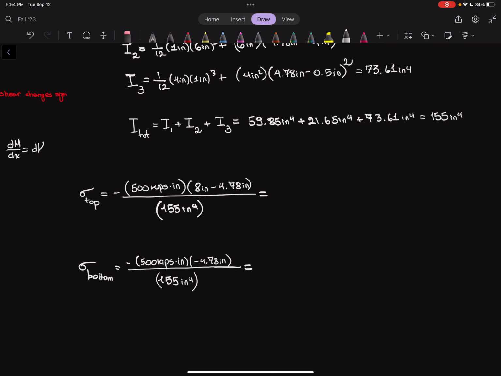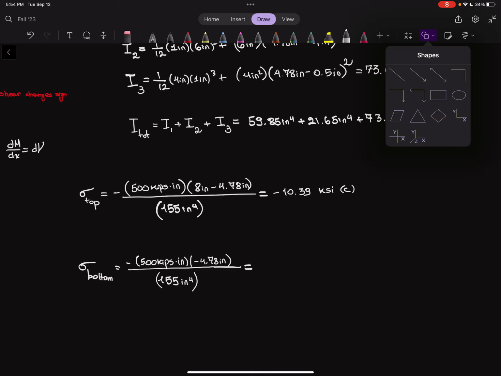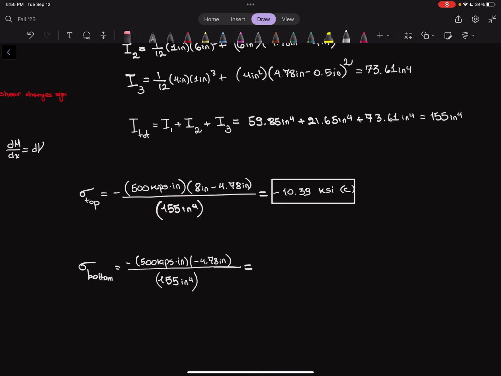So we get negative 10.39 here, negative 10.39 ksi, and so we specify that this is in compression, put a box around it, make the teacher happy. And now we do the same at the bottom, and we're going to get a positive value of 15.42 ksi in tension.